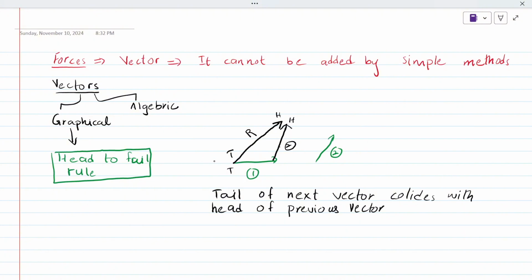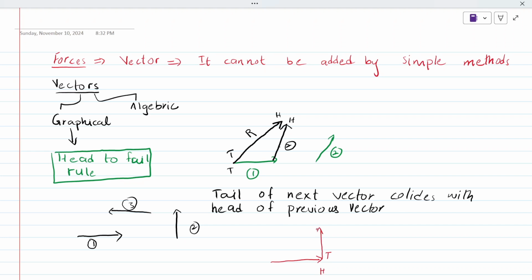Okay, let me elaborate it next at once. First, consider this. We are given with this vector, and this vector. These are three vectors of equal magnitude. Suppose this is 1, this is 2, this is 3. So how we are going to add them? This is the first vector. We are to place second vector such that its tail collides with the head.